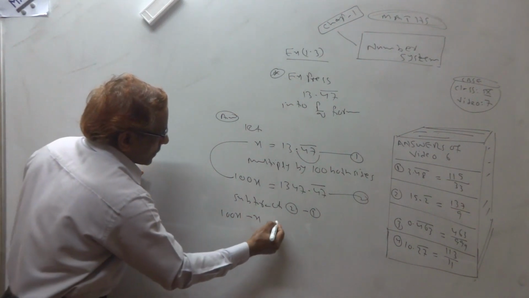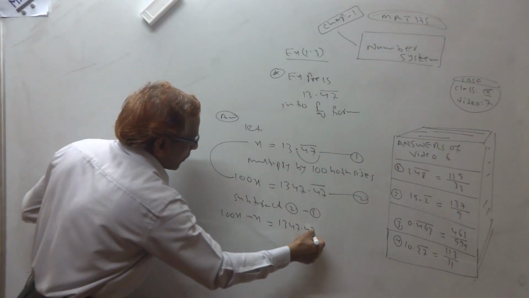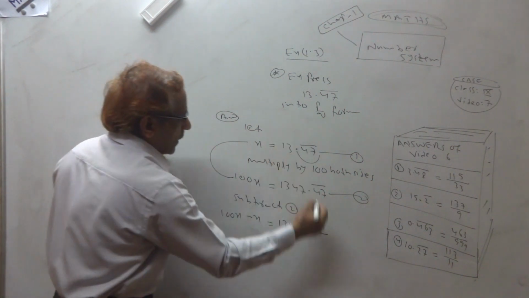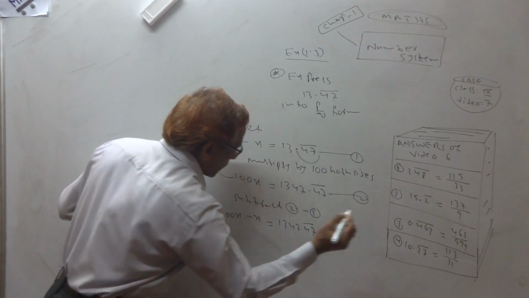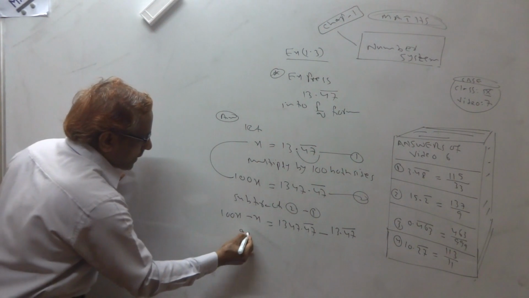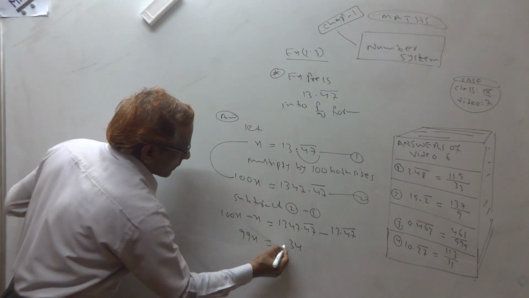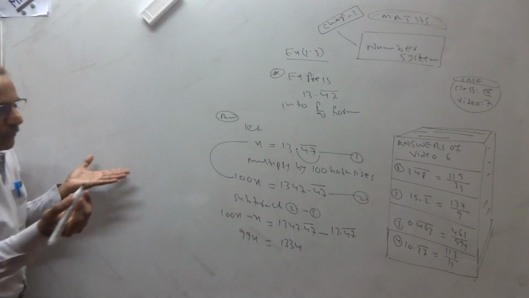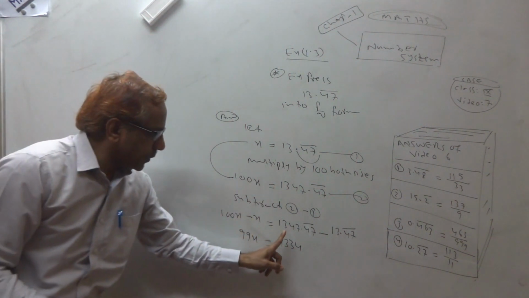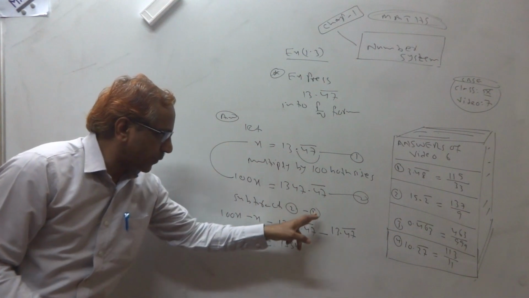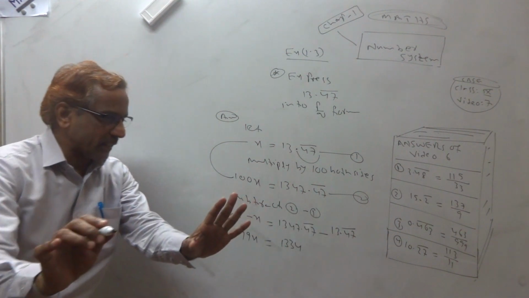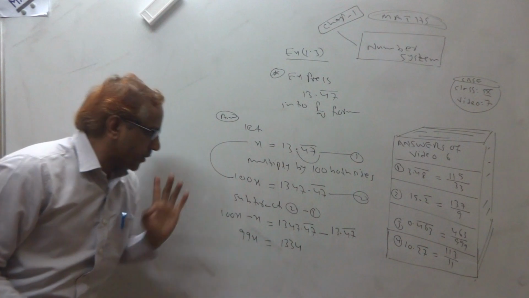100x minus x is equal to 1347.47 bar minus 13.47 bar. So 100x minus x, 99x. What is this minus this? 1334. So when you subtract this minus this, 47 bar gets cancelled. This minus 13, this much.